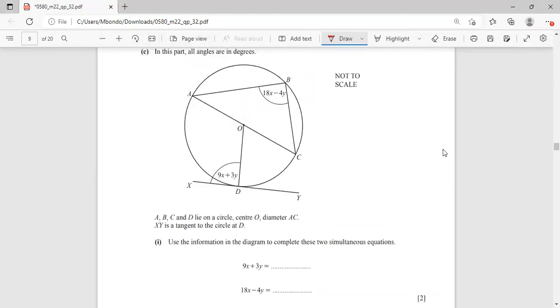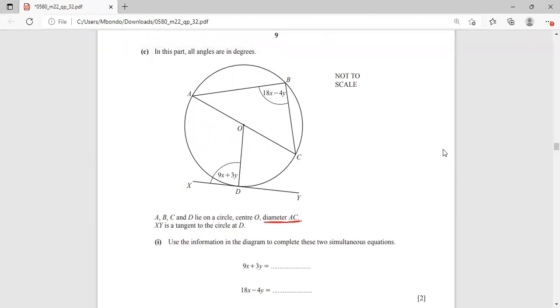So when you look at this diameter, this is given on purpose as well as this statement here. All right. Then we need to also understand that OD is the radius. So at the point of contact, at the point where the radius and the tangent meet, they form 90 degrees.